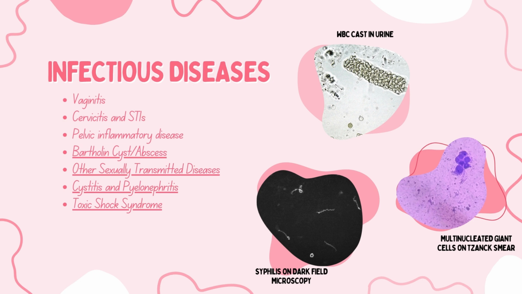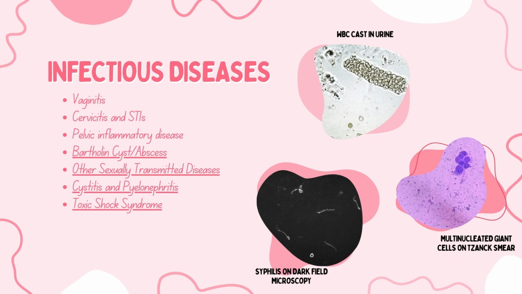Manifestations of an infected gland would be very painful, tender, fluctuant if an abscess is present, localized pain and tenderness, painful intercourse, and it will be unilateral most likely. So unilateral vulvar mass.